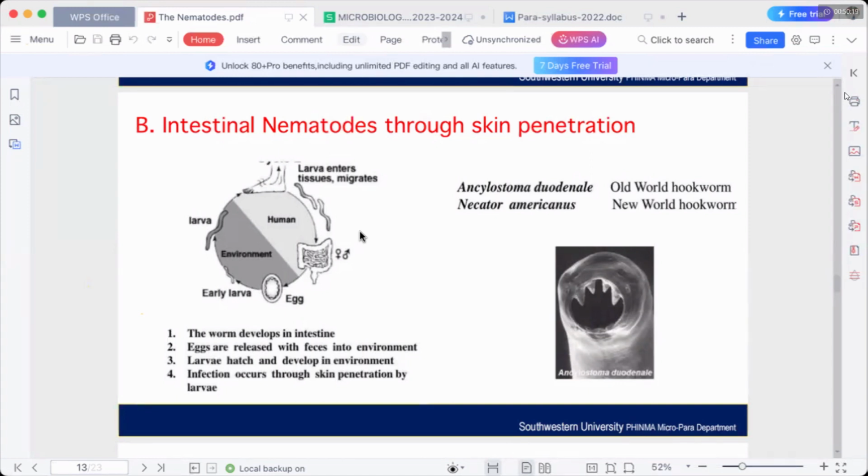The infection occurs when the skin is penetrated by the parasite, and you happen to eat, especially with your hands, without washing or cleaning, so you ingest the larva.